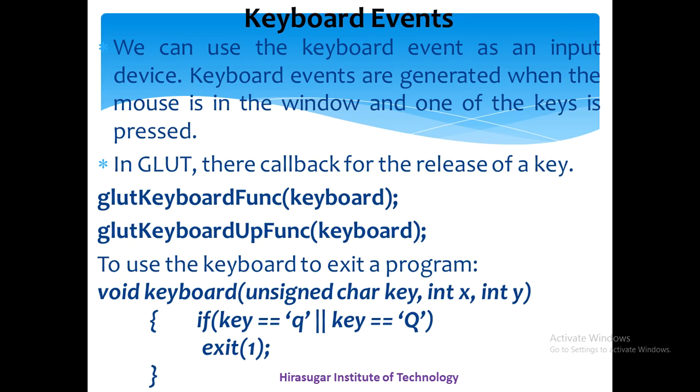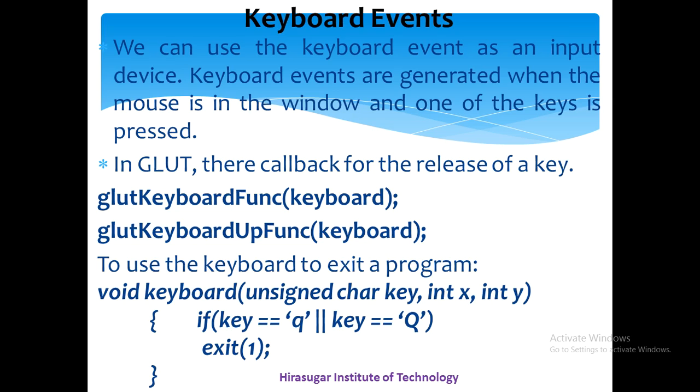Here I have written code. If key equal to q, small q or capital Q, I want to terminate my program, so with that intention I am using the keyboard in my program. If key equals small q or capital Q, then exit, terminate the program.